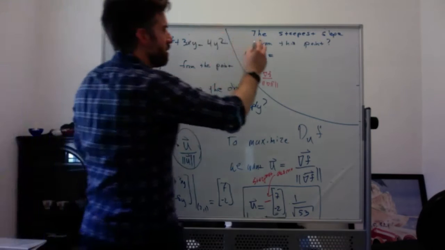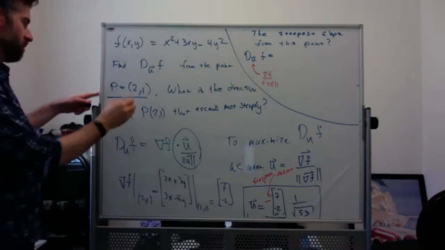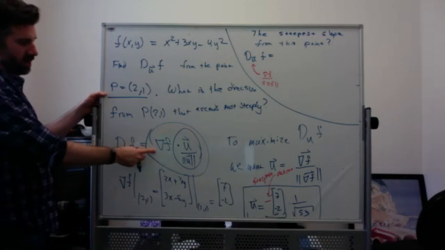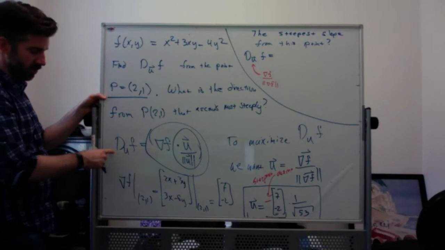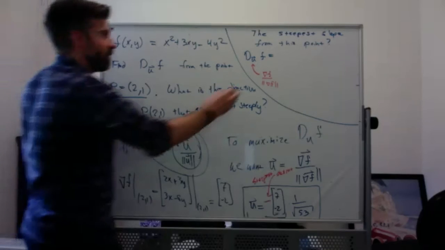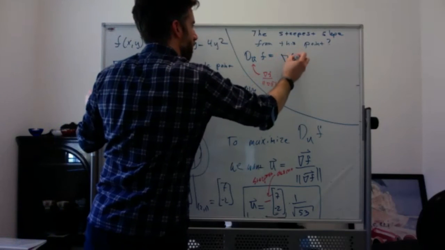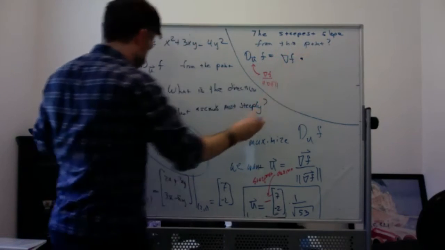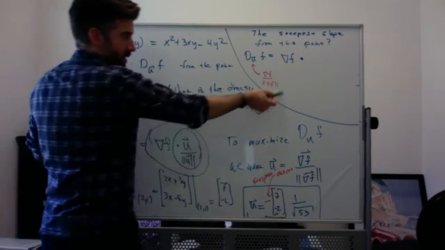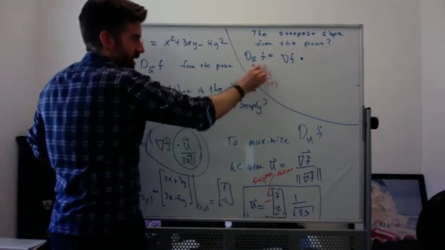Using my formula, the formula for the directional derivative in the direction of u of the function f is the gradient of f dotted with the vector u divided by its own magnitude. So here's the vector u divided by its own magnitude.